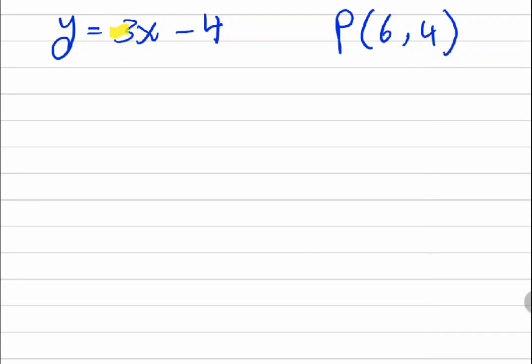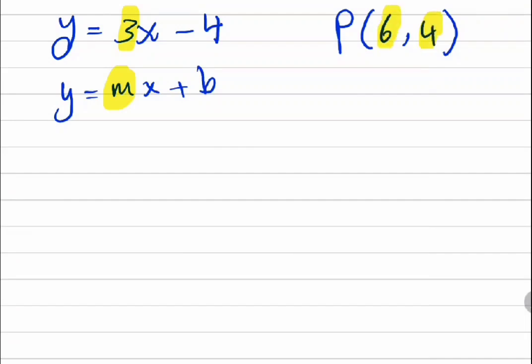So starting with the equation y is equal to mx plus b, let's replace m with the slope, and let's solve for b. Let's plug in x, which is 6, and 4 for y.